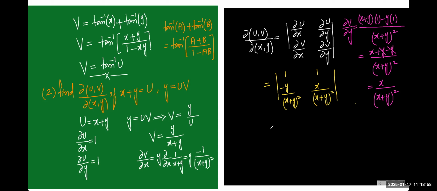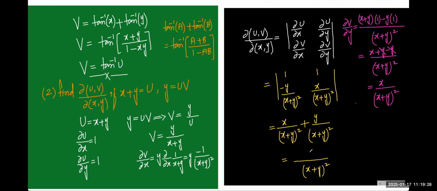Now again determinant is AD minus BC. If we simplify, AD is 1 into x by x plus y whole square, minus into minus gives plus y by x plus y whole square, which is nothing but x plus y over x plus y whole square.